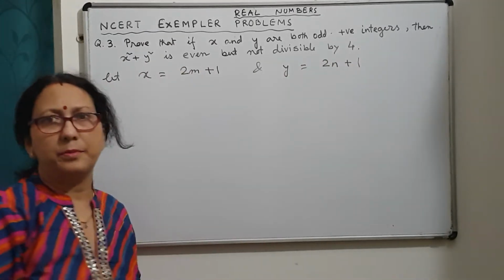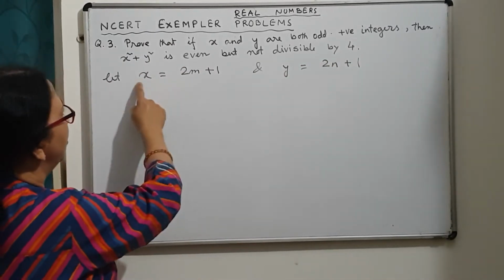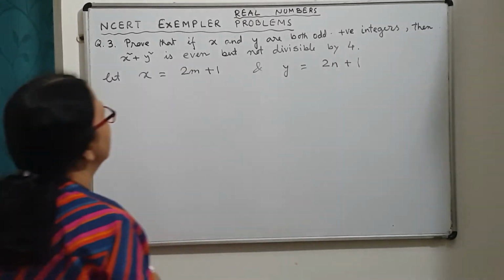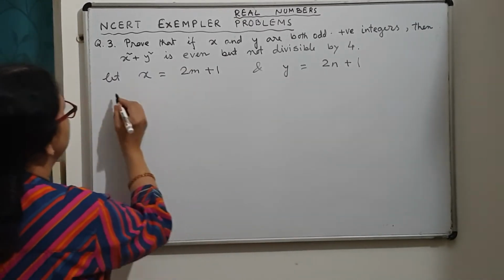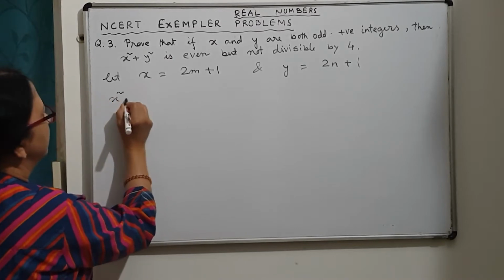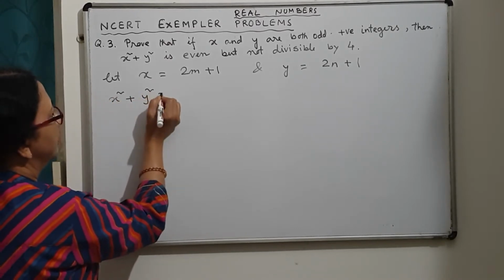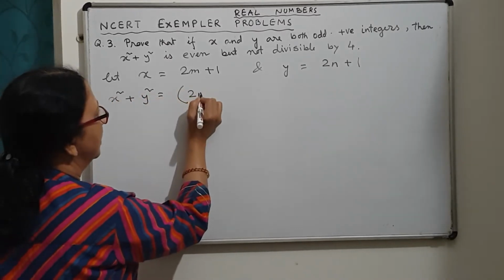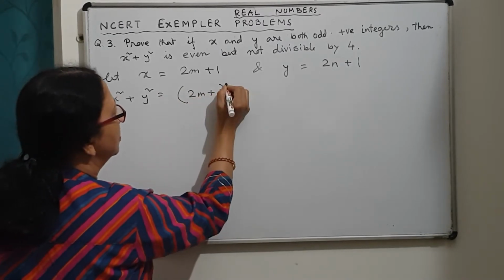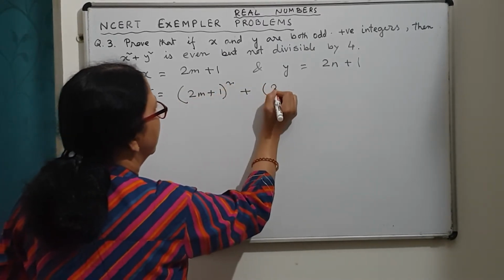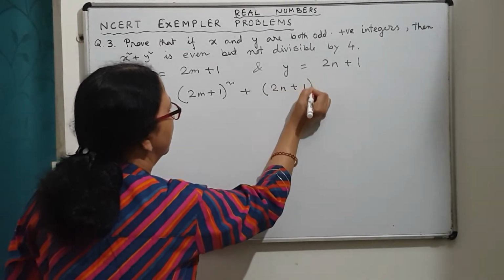We take the numbers in this form, the general form of odd positive integers. Then x square plus y square will be (2m plus 1) whole square plus (2n plus 1) whole square.